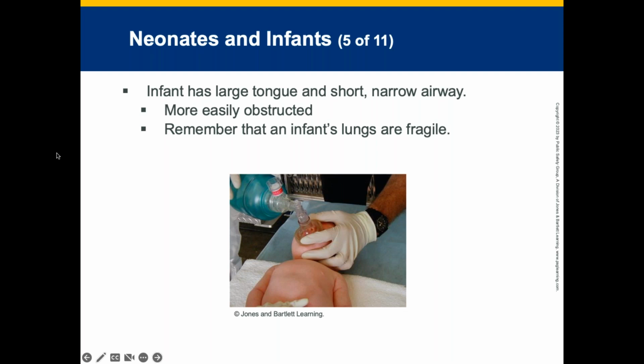So there are also fewer alveoli in the lungs, which decreases the surface area for gas exchange. What is the liquid around the alveoli called that helps with elasticity for better gas exchange? You remember what that's called?